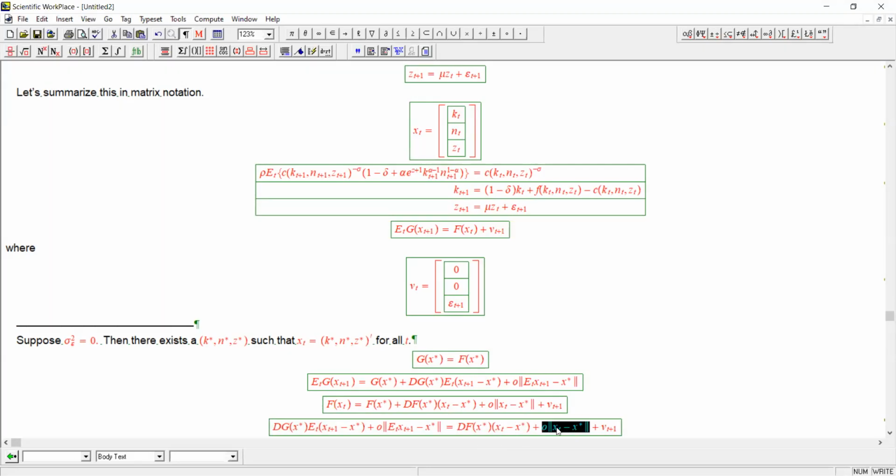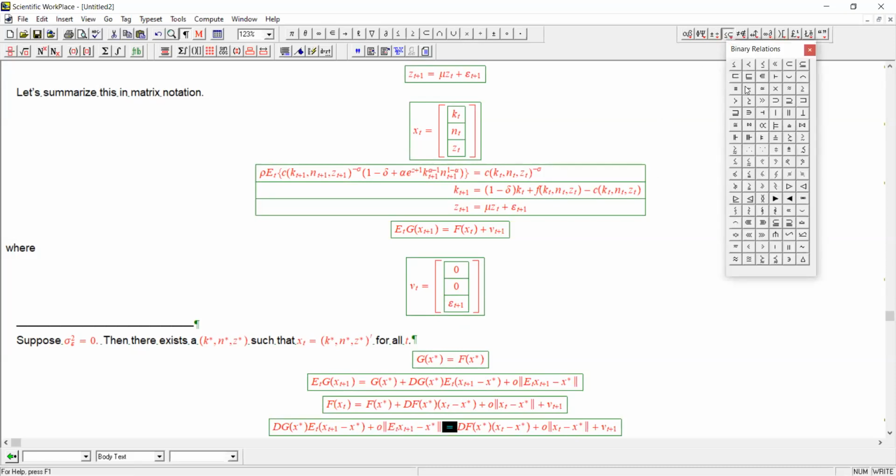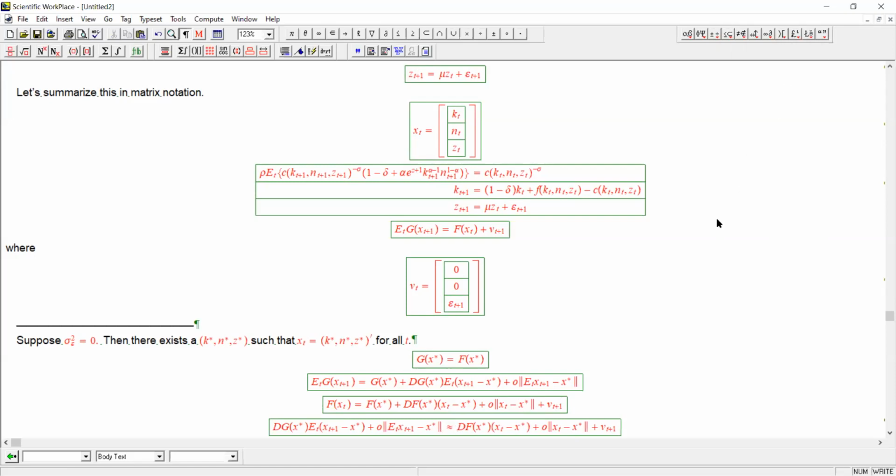Finally, if we assume that these things are small, then what we have is an approximation to our system that is linear. This is a matrix. This is a vector. This is a matrix. This is a vector. And this is a vector of random variables.